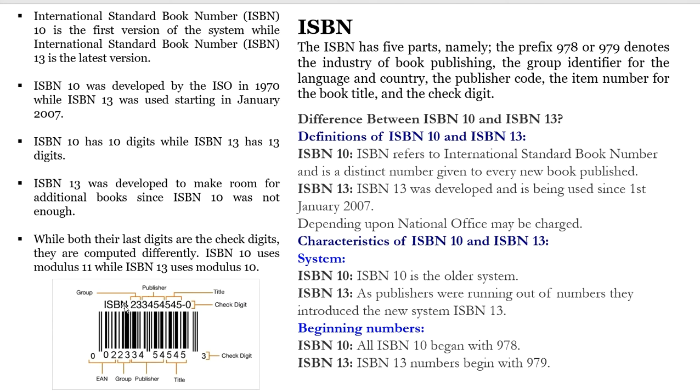ISBN stands for International Standard Book Number, either 10 or 13. 10 is the older version, 13 is the latest version. Before 1970 ISBN 10 was widely used. After that, ISBN 13 was used starting in January 2007.